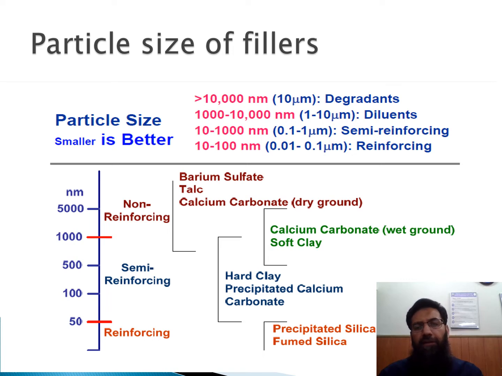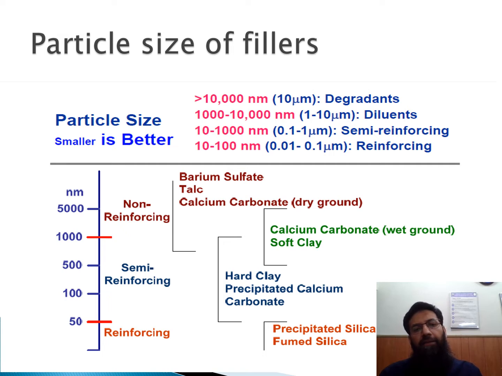There are a few fillers, such as dry ground calcium carbonate or talc, which have a particle size greater than a few microns, and they are mostly classified as non-reinforcing fillers.